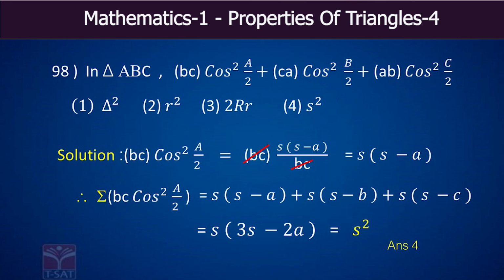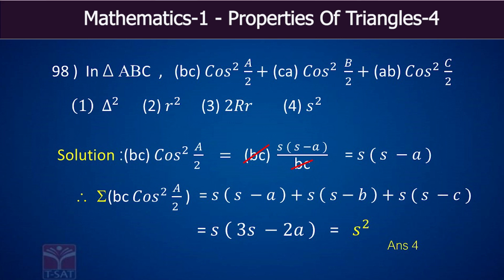In triangle ABC, BC cos² (A/2) + CA cos² (B/2) + AB cos² (C/2) is equal to: 1) Δ², 2) 2R², 3) 2Rr, 4) s². BC cos² (A/2) is BC into s(s − a)/(BC), so that is s(s − a).